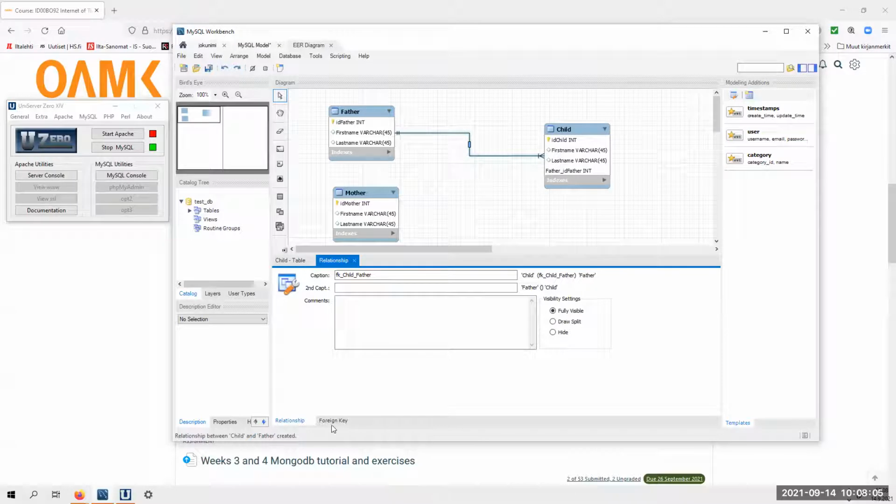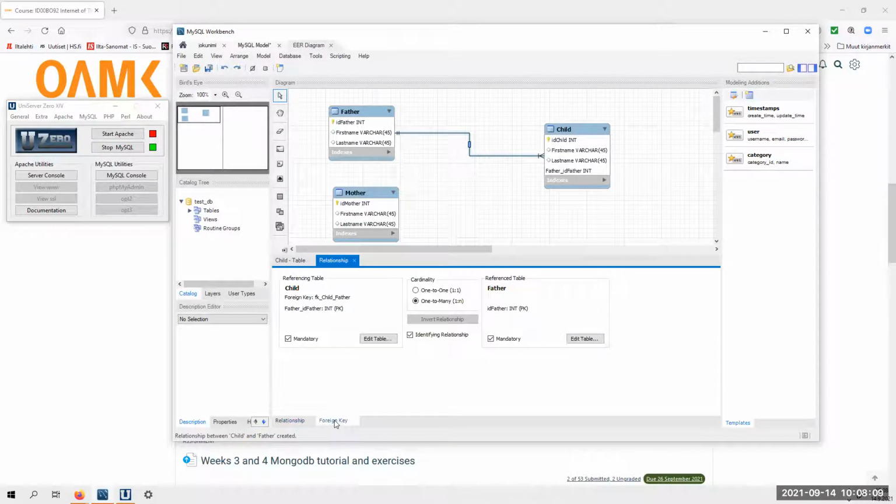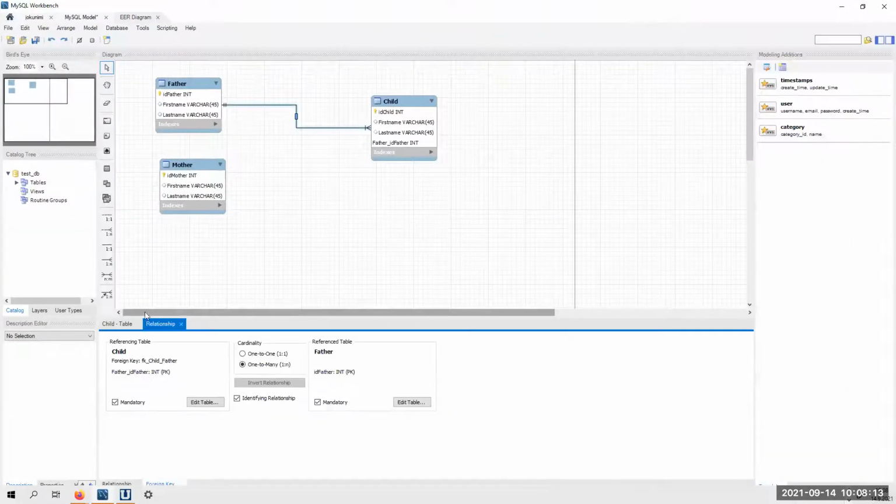So you can change the nature of this relationship with this foreign key setting here. So this cardinality, so-called cardinality, is one-to-many. This child has one and only one father. And if this man is a father, then he has one or several children.